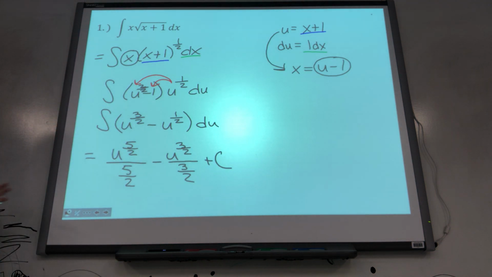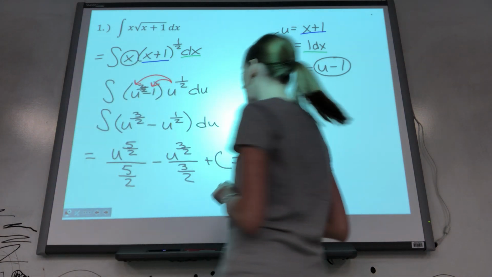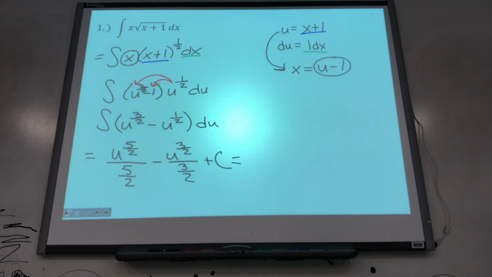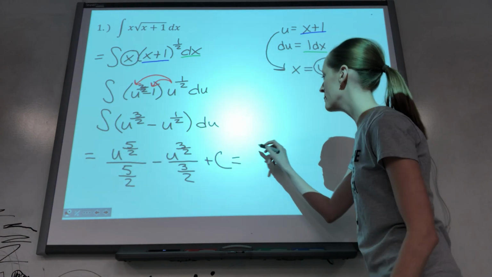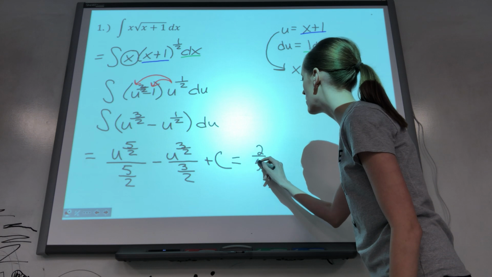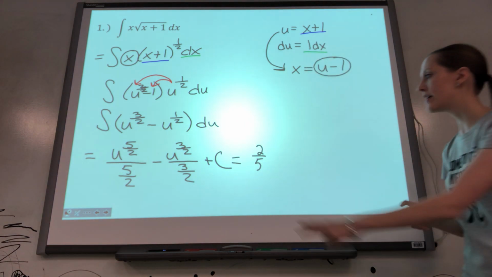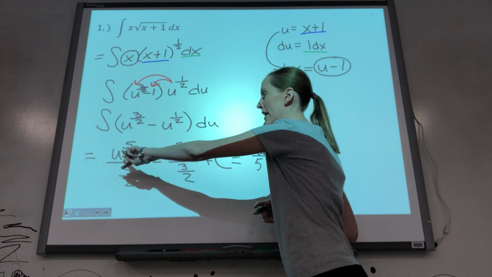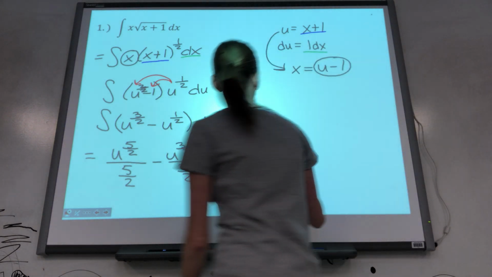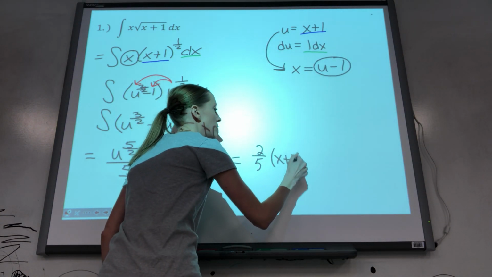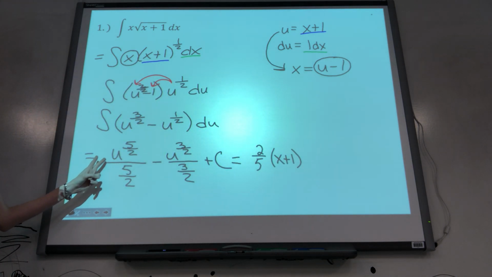I'll go ahead and put plus c there, but I'm not quite done. There's a couple more things that I would do to this. First of all, the fractions on bottom can come to the top if you flip them. So this is now 2/5 u to the 5/2 power, but I'll go ahead and put what u is back into this.